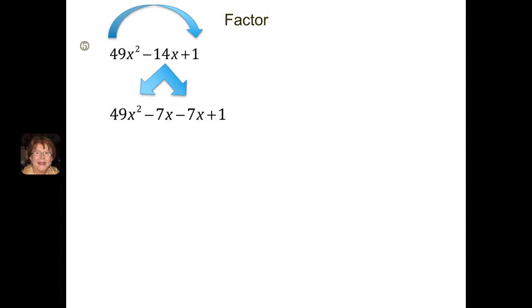It is now a grouping method. The grouping method, what are we going to do? We group the first two terms and the last two terms. Why don't you take a moment and try this?